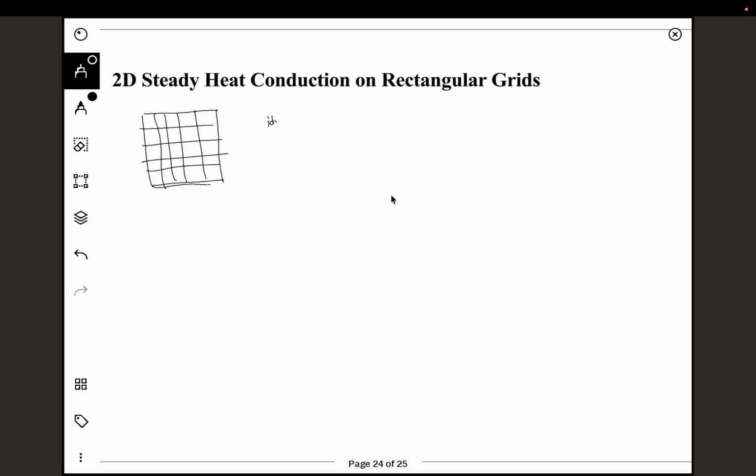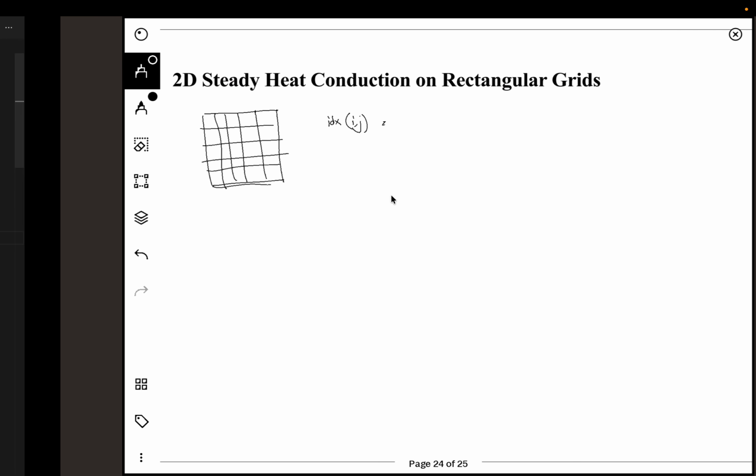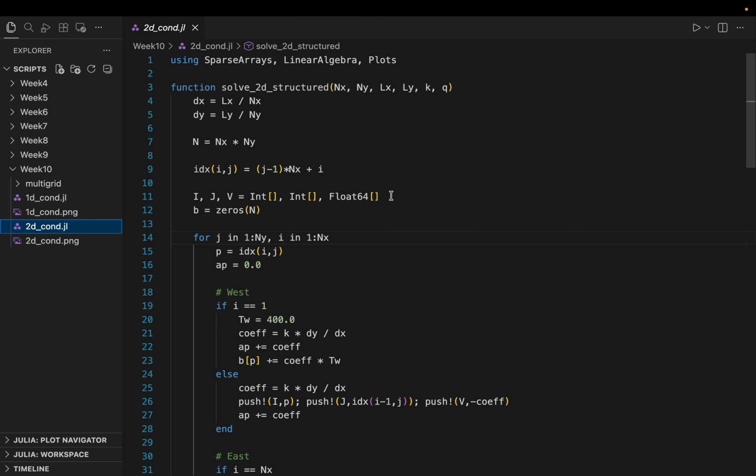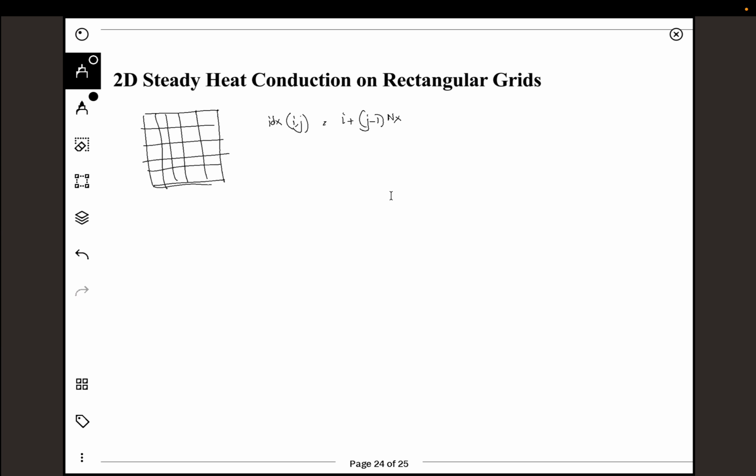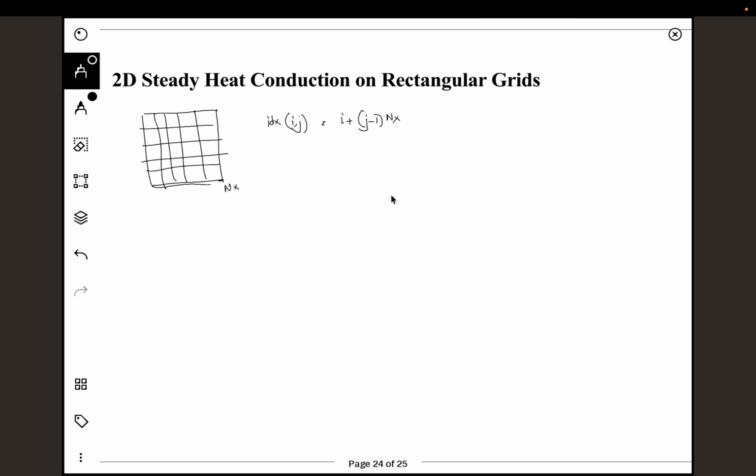So I'm denoting with this function index I comma j. You might already be familiar with this, but again this is a structured grid, so, as I said before, I can simply write a function like this.